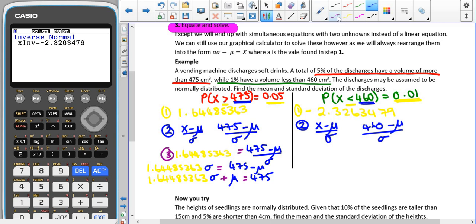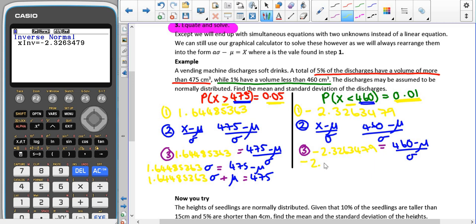So we're going to do a similar rearrangement on this side here. So for 3, we're equating and solving. So minus 2.3263479 equals 460 minus mu over sigma. And as I said before, we're going to times through by our sigma.